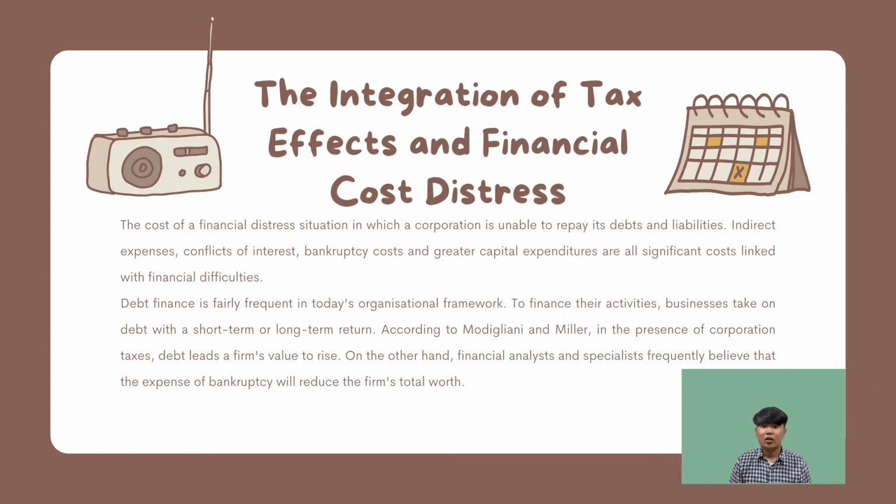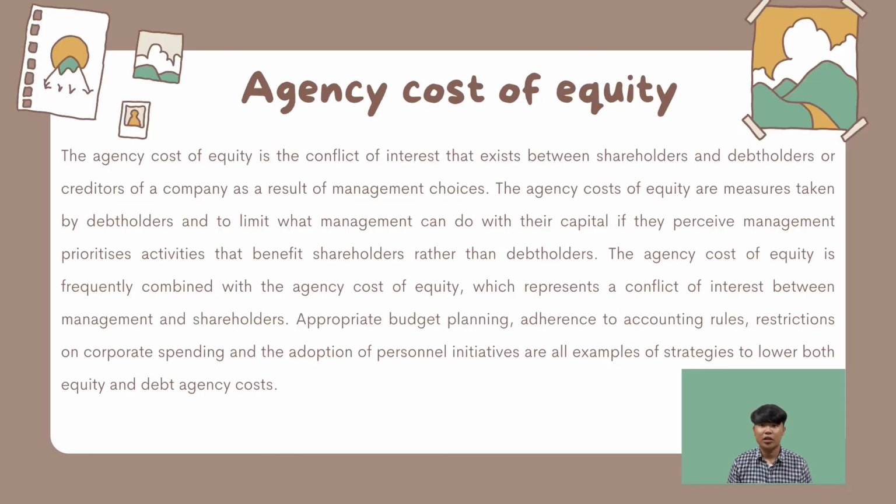To finance their activities, businesses take on debt with a short-term or long-term return. According to Modigliani and Miller, in the presence of corporation tax, debt leads a firm's value to rise. On the other hand, financial analysts and specialists frequently believe that the expenses of bankruptcy will reduce the firm's total worth.